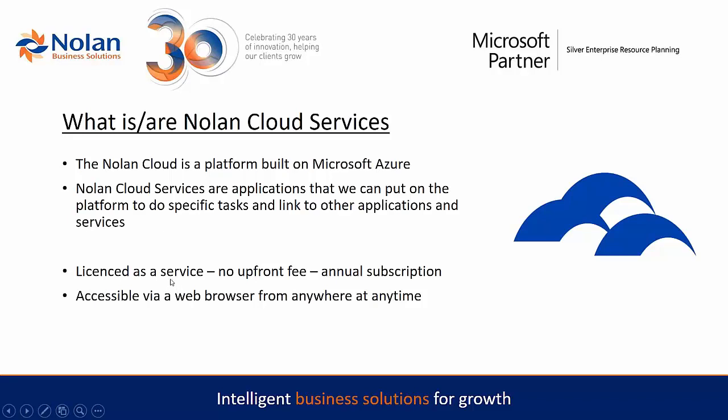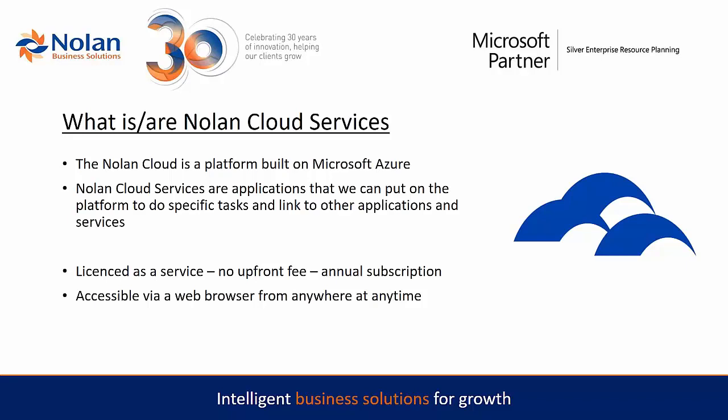We're licensing it as a service. There's no upfront fee. You can sign up for a free trial account and try this yourself, see if it's going to work for you. And once you want to go live with it, there is an annual subscription, and it's £250 per VAT entity. So a VAT entity could be a VAT group, so could be 6 companies or more together in a VAT group.